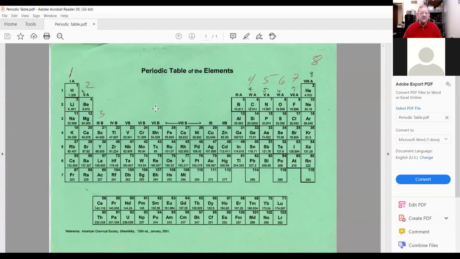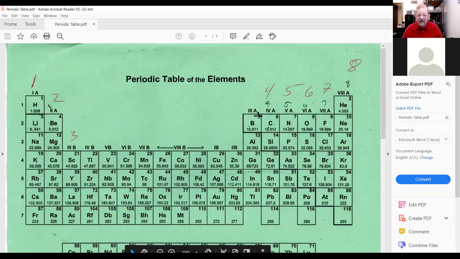For my class, when calculating molecular weights, use atomic weights, the number underneath the symbol on the periodic table, to 3 significant figures. So carbon on this periodic table, 12.011, round that off to 3 significant figures, 12.0.